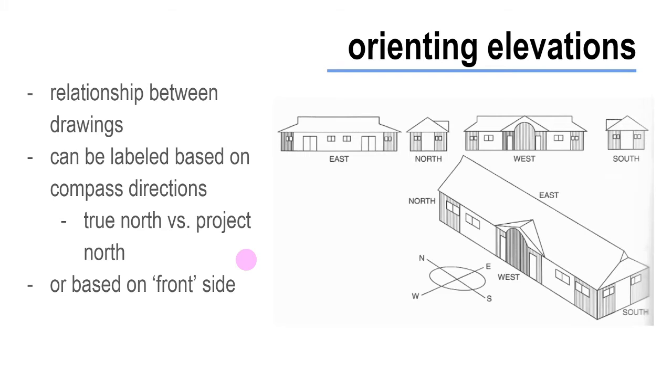So it's important to determine the relationship of one drawing to another one, which we refer to as orienting the drawing. So for example, if you know which elevation is the front of the building, you must be able to picture how it relates to the front of your floor plan, as well as then how the other elevations kind of relate to the object itself.